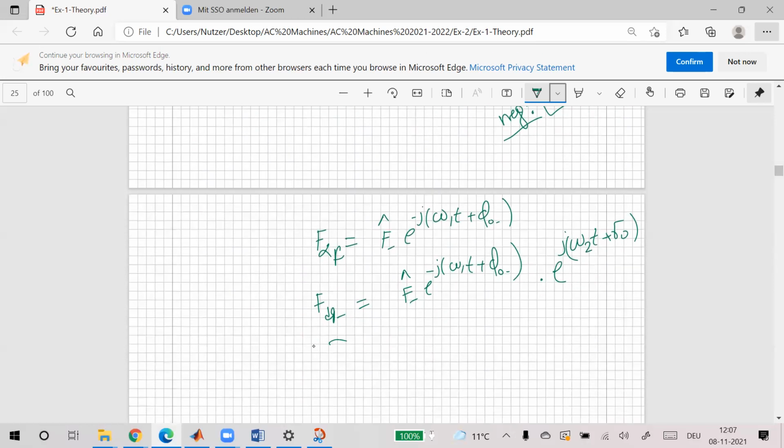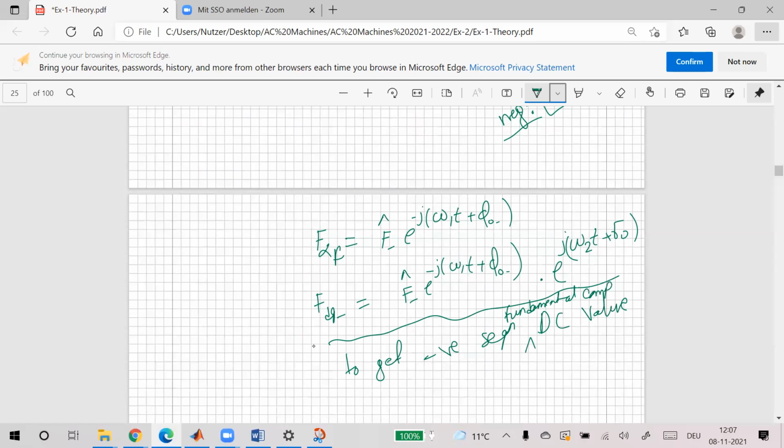So this is to get the negative sequence fundamental component as a DC value. For sure, if you have negative sequence with a different frequency, then you will have AC also. Any further questions? But this was a nice thing.